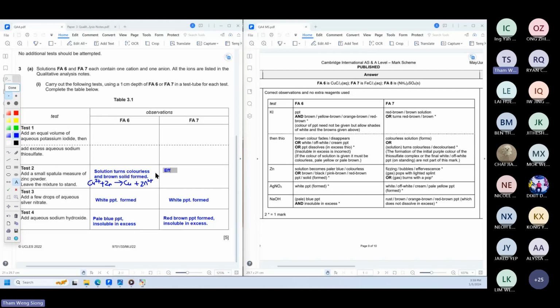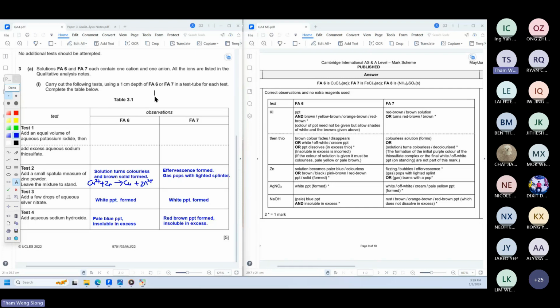This one is effervescence formed, gas pops with lighted splinter. Okay, now this is the tricky part. You must be wondering to yourself, iron 3 plus, how come it will react with zinc?